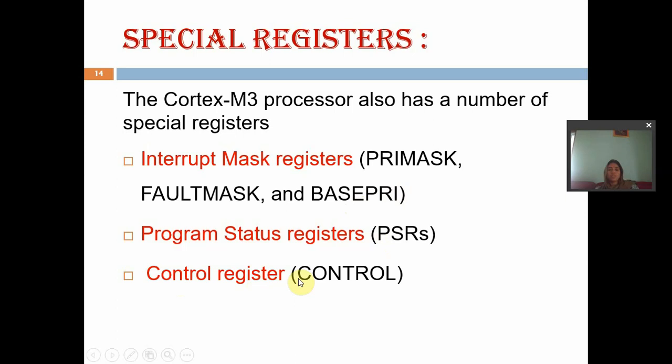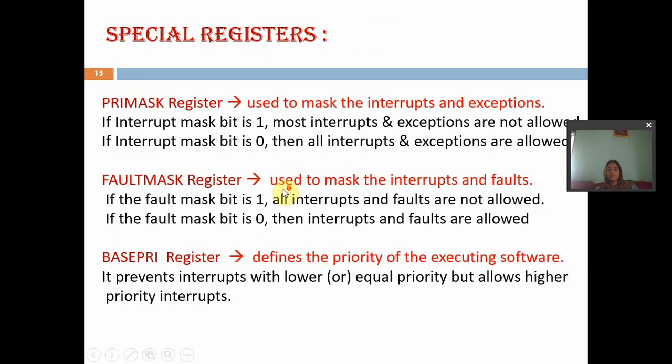Next are the control registers. These are also called special registers of ARM processors. What is the PRIMASK register? It is mainly used to mask interrupts and exceptions. If this mask bit is 1, most interrupts and exceptions are not allowed. If this bit is 0, then all the interrupts and exceptions are allowed.